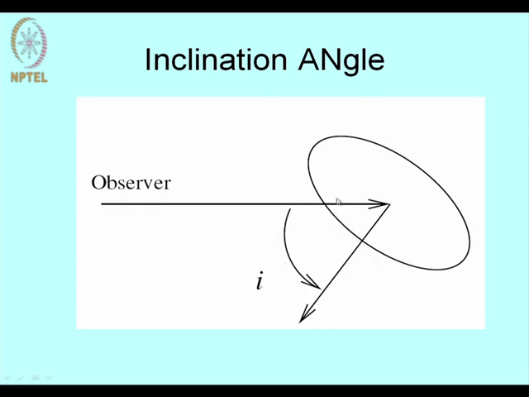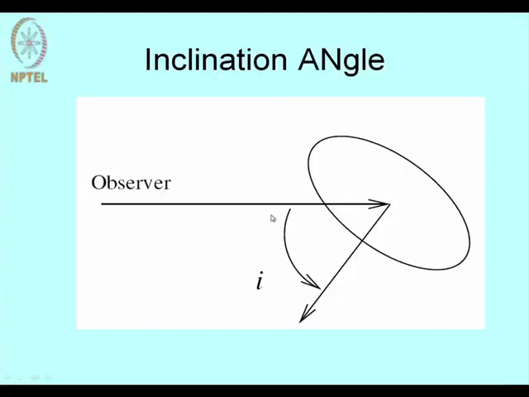If you have an inclination angle of 0, it essentially means that the orbit is face on. So, it is like this. The binary system, you are seeing it like this, the star is going around like this and you are seeing it face on. Whereas, if the inclination angle is 90, you are seeing the orbit edge on like this.